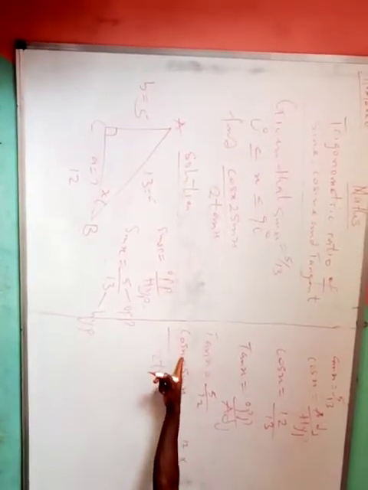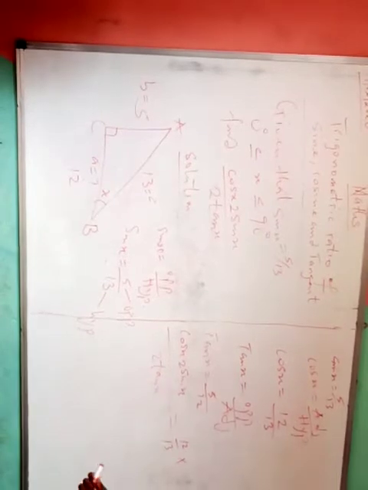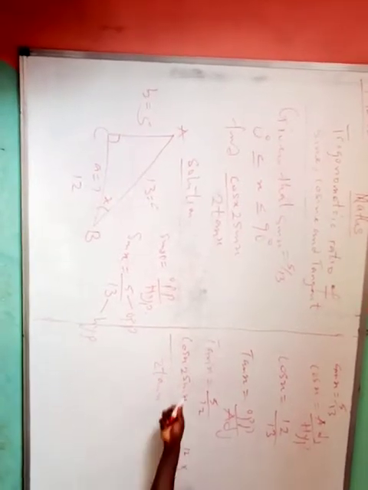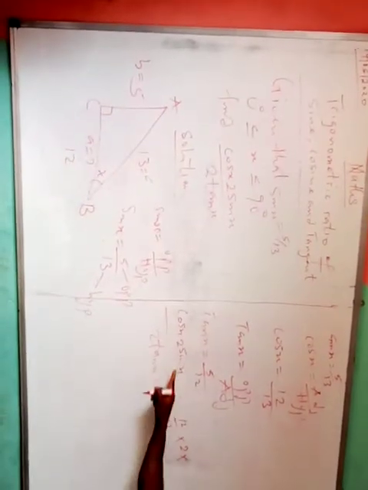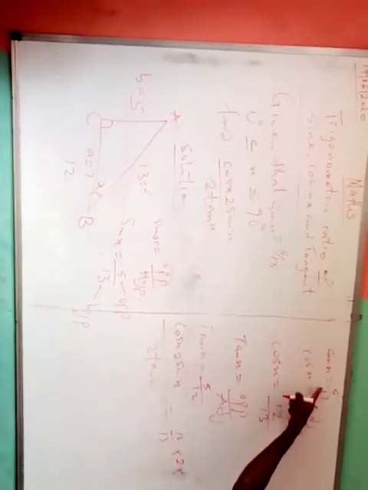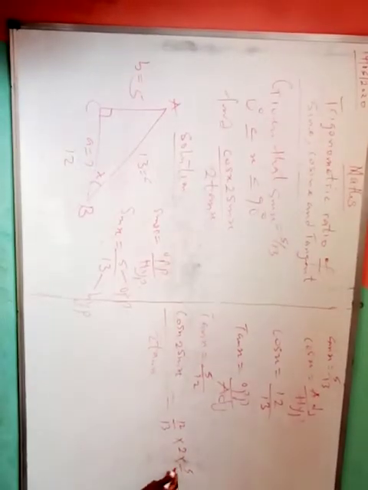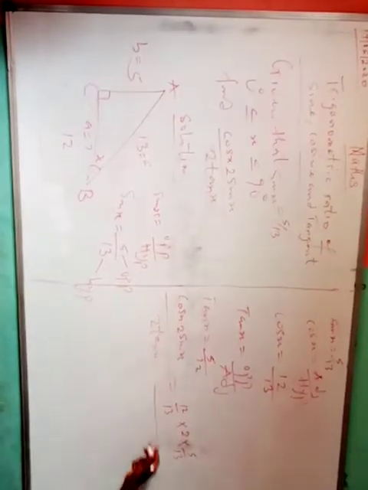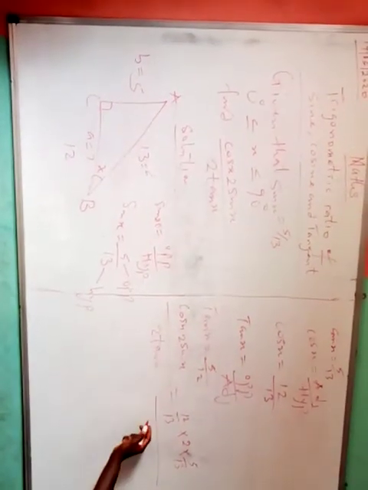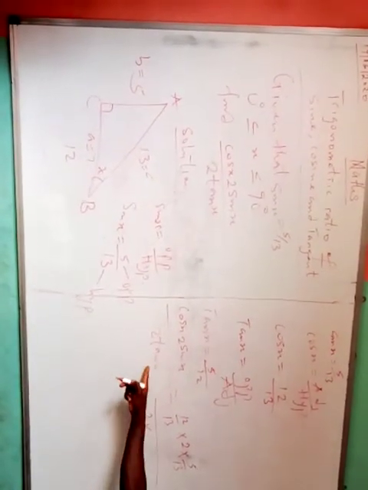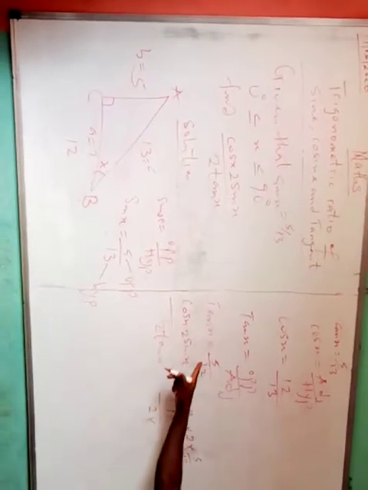Between cos x and 2 sin x is multiplication. Now times 2 times sin x. Sin x has been given to us to be 5 over 13. Then divided by 2 times tan x. Tan x, we've gotten tan x to be 5 over 12.